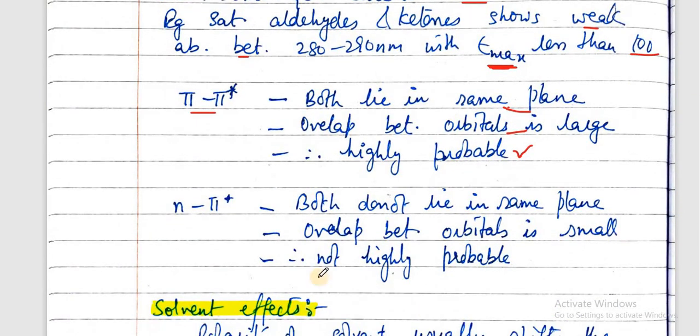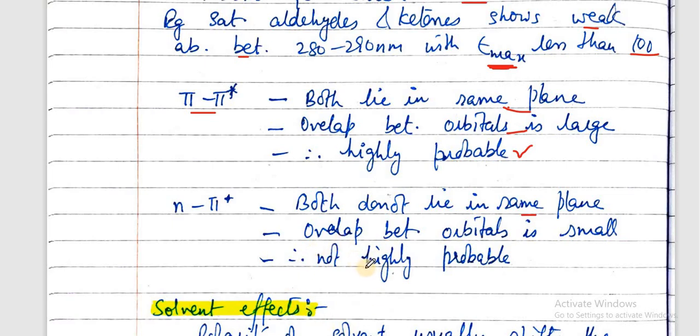On the other hand, in n to pi star, both orbitals lie in different planes and they are perpendicular to each other, that is, they are not in the same plane, so their overlap will not be large. It will be to a very less extent.